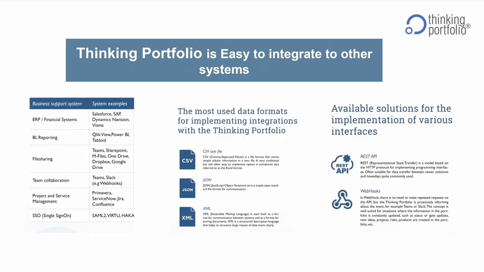Okay, that's about portfolio level and project level resource planning. There was also task planning and task management, Kanbans, and our reporting. And here, just to remind, Thinking Portfolio is easy to integrate to other backend systems. There could be integrations to any other system with REST API or webhooks.